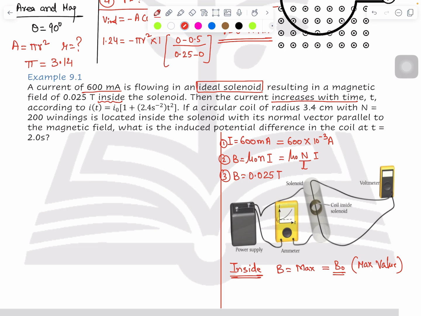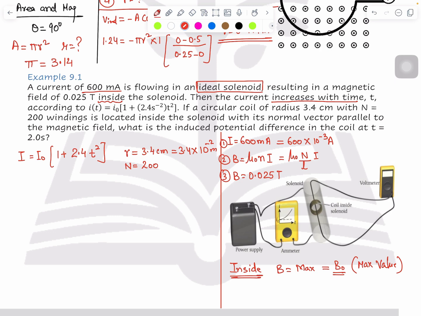Then the current increases with time and there is a factor. It is given I is equal to I naught times bracket 1 plus 2.4 second inverse squared, time squared. Okay, if a circular coil of radius 3.4 centimeter, so 3.4 times 10 raised to negative 2 meter, with capital N equal to 200 windings, is located inside a solenoid with its normal vector.